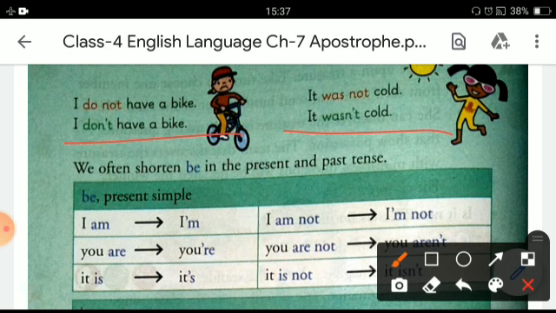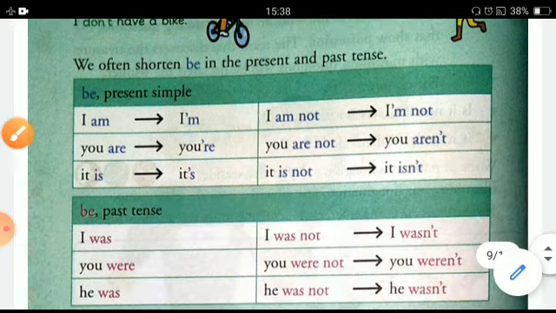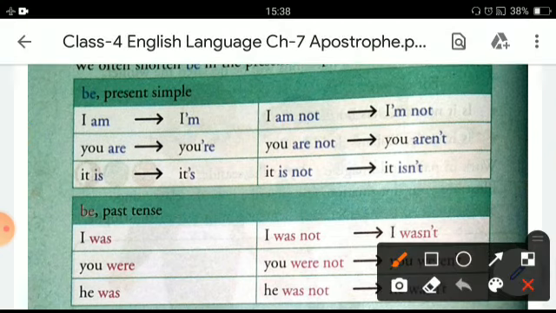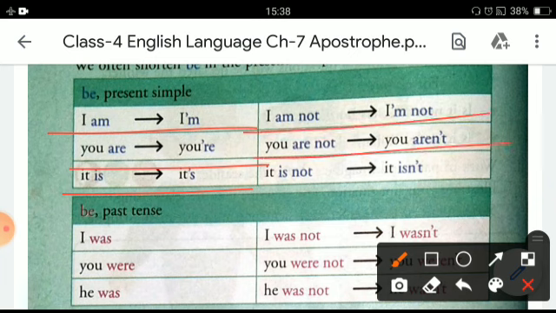So we often shorten be in the present and past tense. Be present, or it can also be said as the simple present. I am, like I'm, you are can be written as you're, it is can be written as it's, I am not, you are not, you aren't, it is not, it isn't.